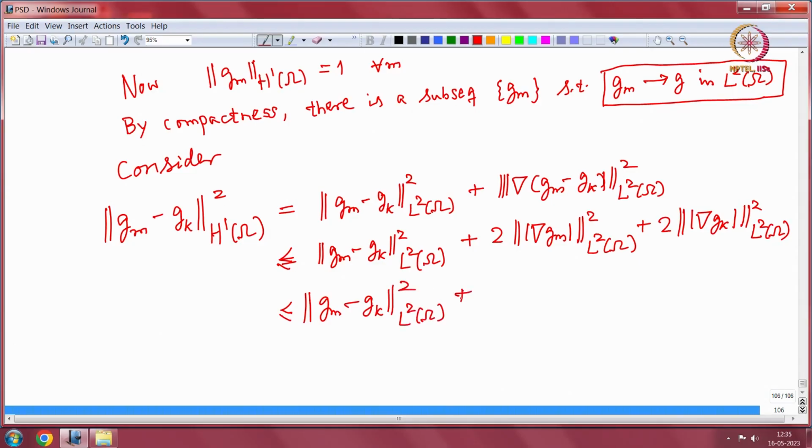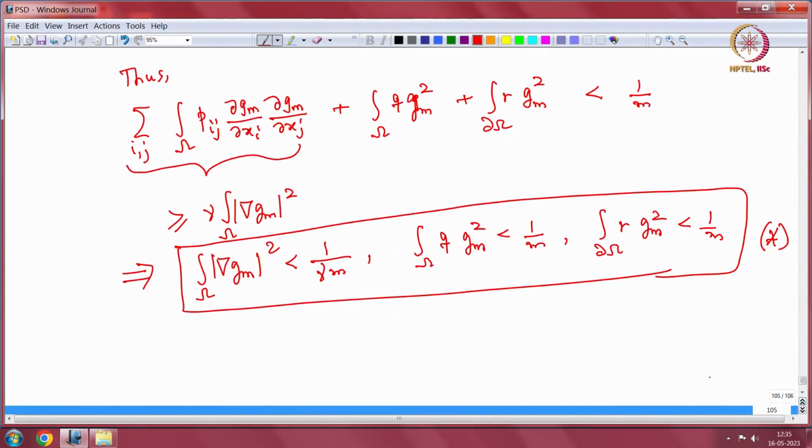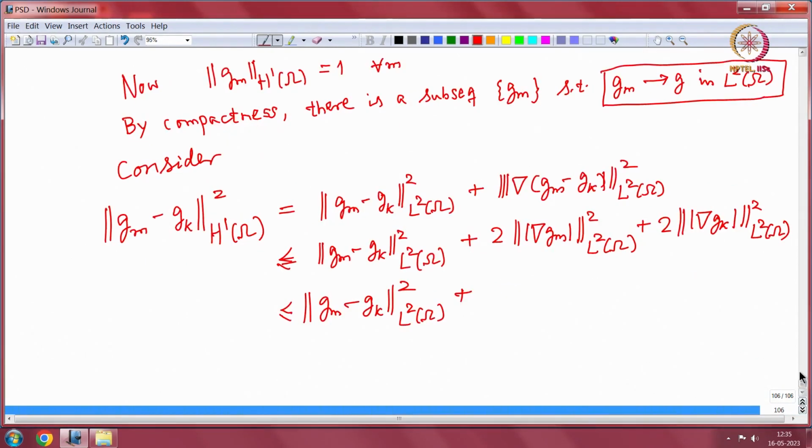And now you use star. Okay, so, this is important. All these three terms we have this estimate for all m equal to 1, 2, etc. So, this is 2 by gamma m plus 2 by gamma k, using star.